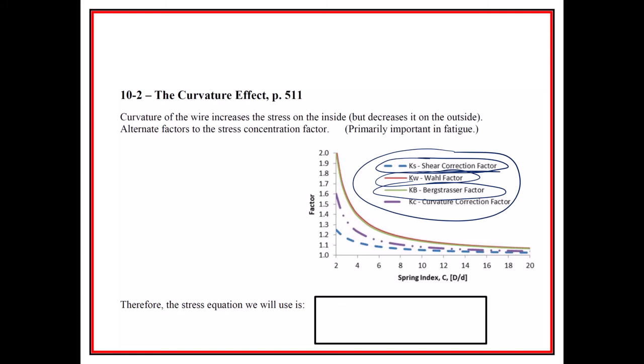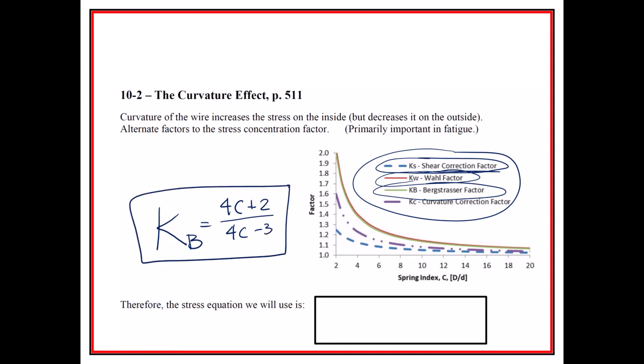All right. And so anyway, the only one we care about is the Bergsträsser. And that looks a little bit like the one that we just dealt with, but you can appreciate that these things vary by the spring index. That D over d, that ratio right there, has a controlling interest in the way that the stress works.